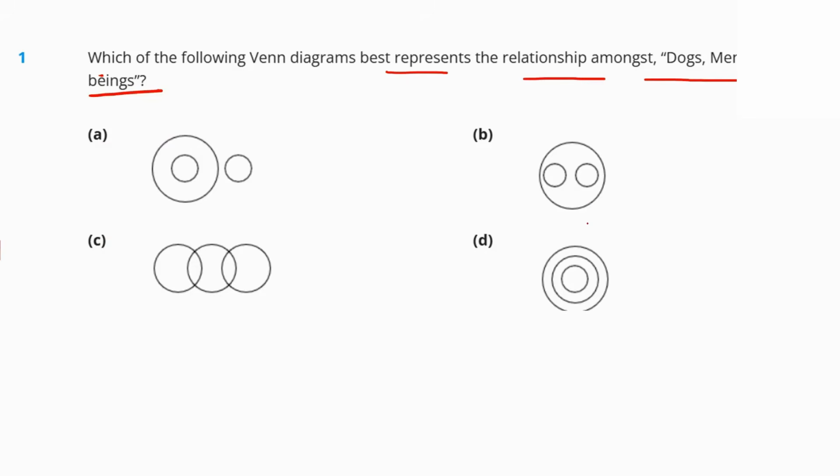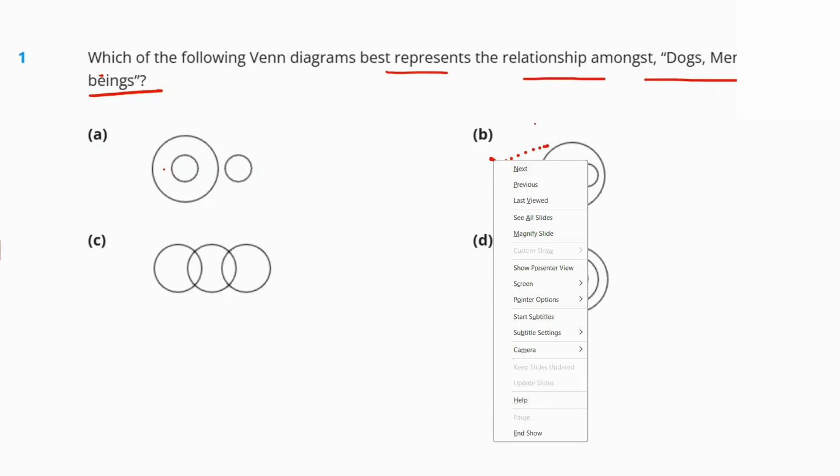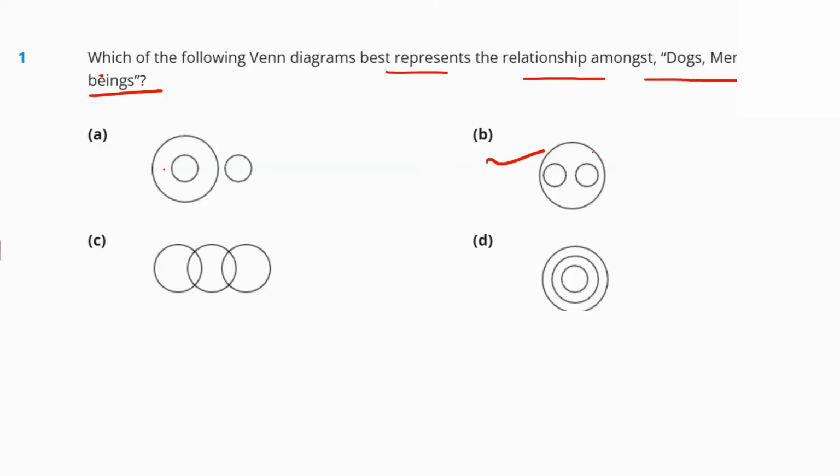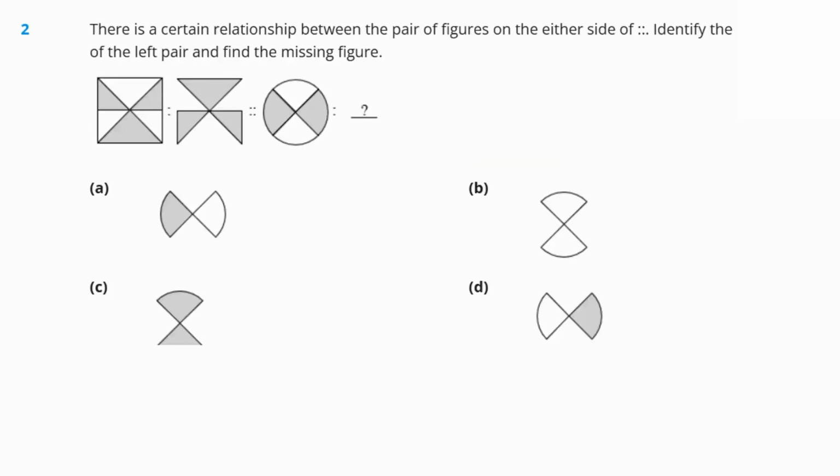So we need one circle that would represent the entire category, that is living being, and two subcategories within it. That's option B, the outer circle being living beings, one being men and the other representing dog. So option B is our correct answer.